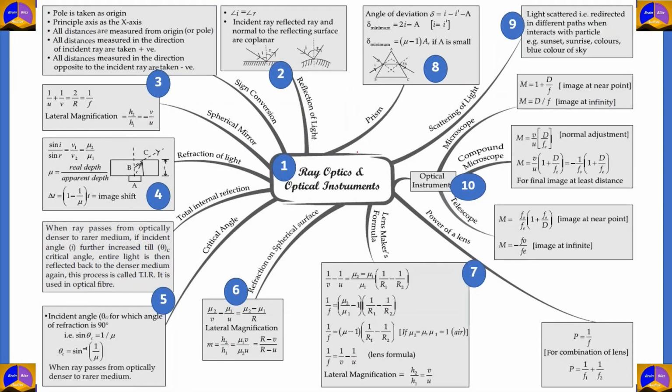So this is basically the chapter Ray Optics and Optical Instruments. We have a lot of formulae here with respect to reflection, the sign convention, which is applicable for all kinds of reflections and refractions, refraction of light, total internal reflection, critical angle, refraction on a spherical surface, formulae with respect to the lens, such as the lens maker's formula and the lens formula, then power of a lens, microscope magnification, and telescope magnifications.